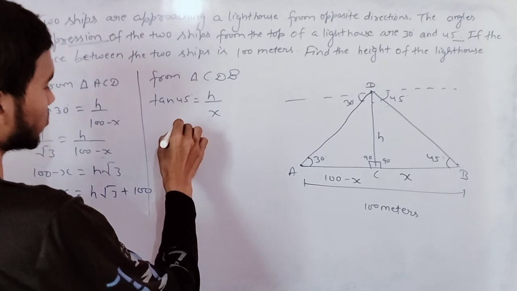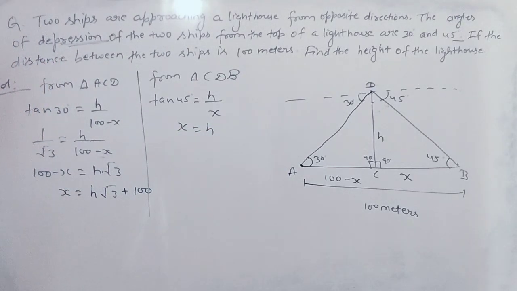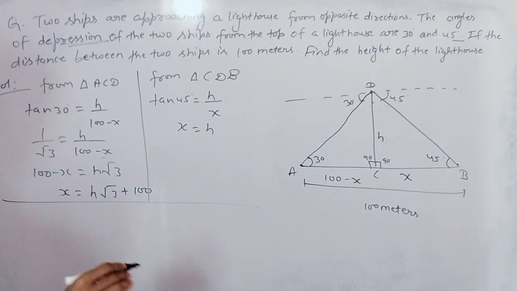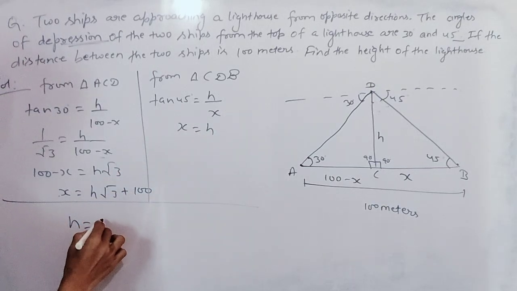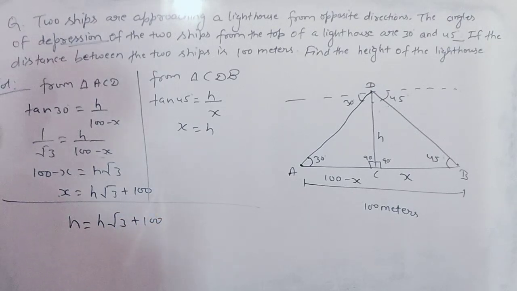So x is equal to h. Now what will happen? This side h equals h root 3 plus 100. h minus h root 3 is equal to 100. h is common, h times 1 minus root 3 is equal to 100.